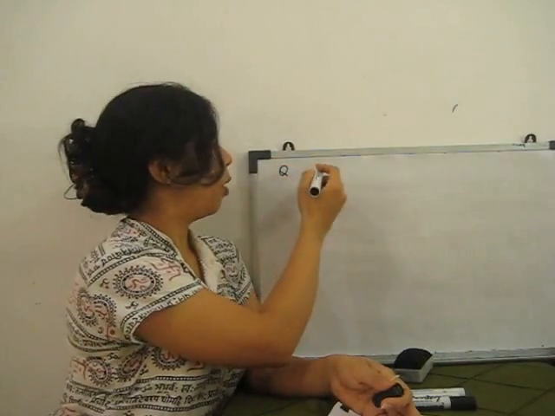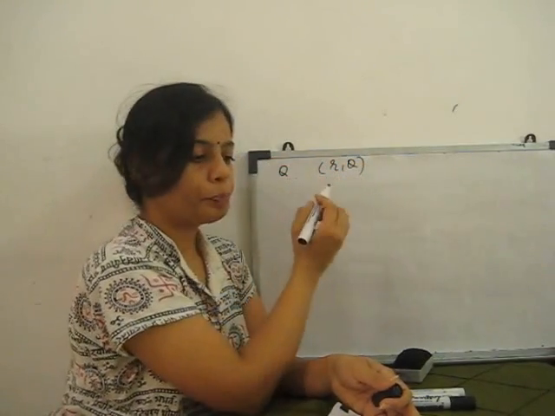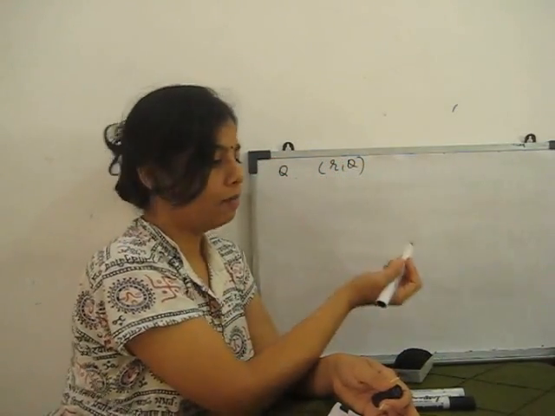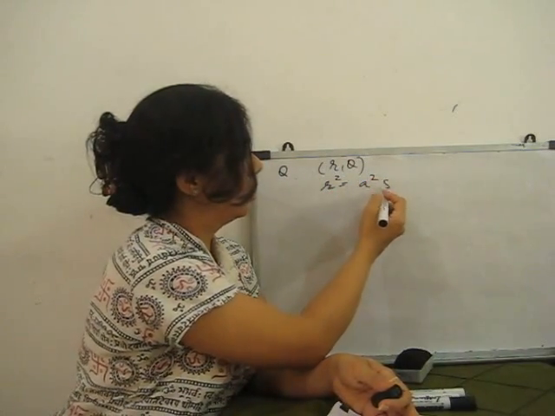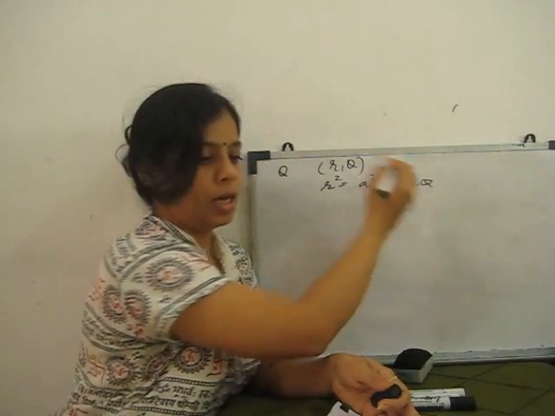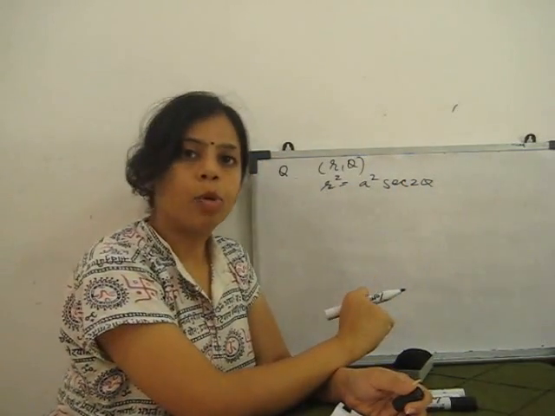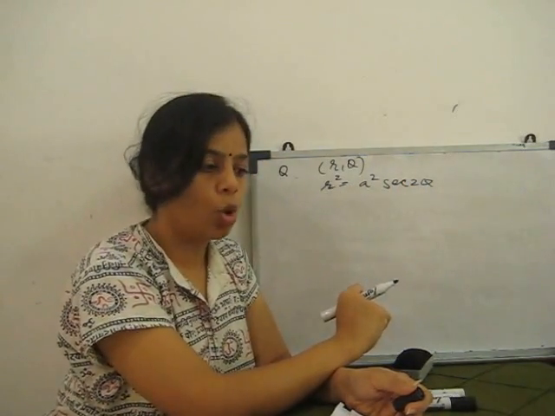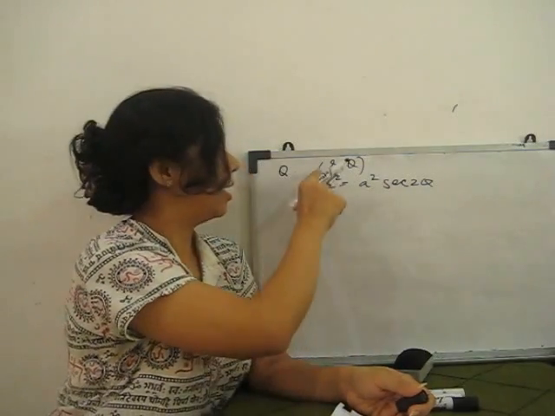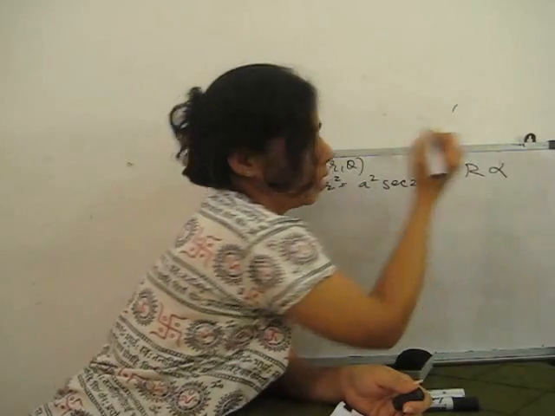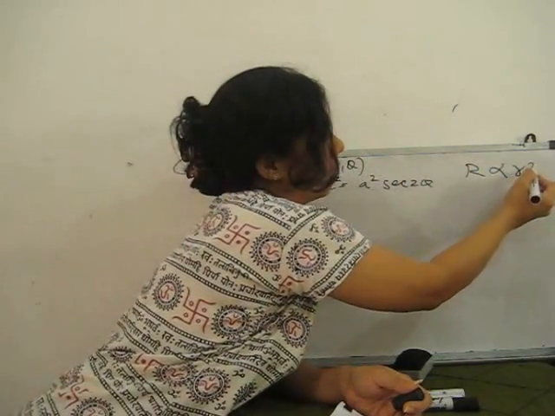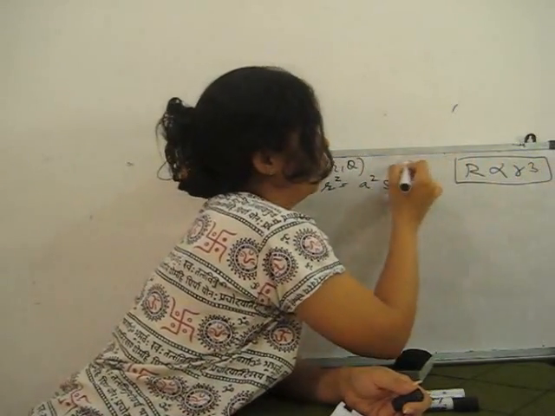Show that the radius of curvature at any point (r, theta) of the curve r square equal to a square sec of 2 theta is proportional to r cube. We have to show that.